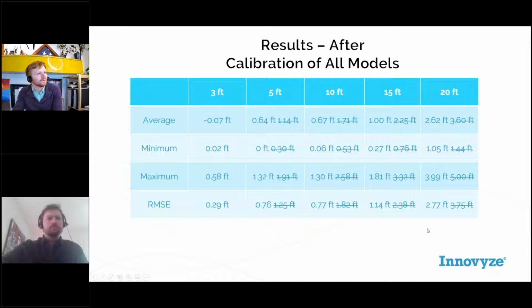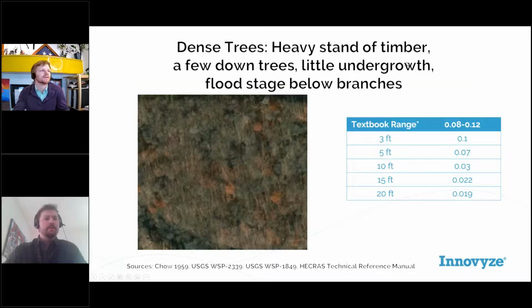But what I ended up seeing, and I knew that I was going outside of these ranges, is you really get to the point that you're getting outside of really realistic ranges. So I think it emphasizes how important the resolution is in the calibration process, as well as some of these other parameters that you might be tweaking, like Manning's n.